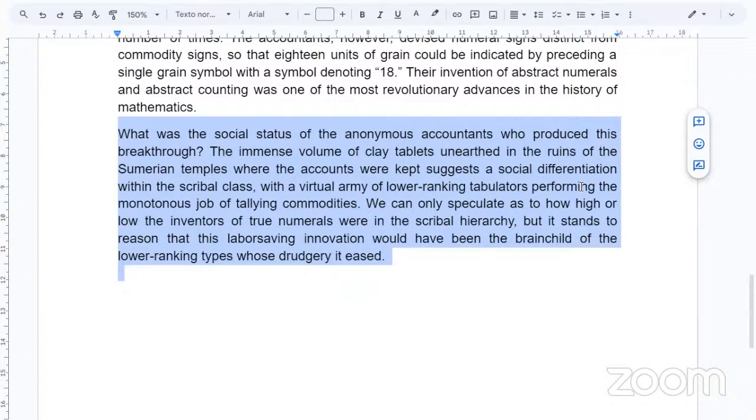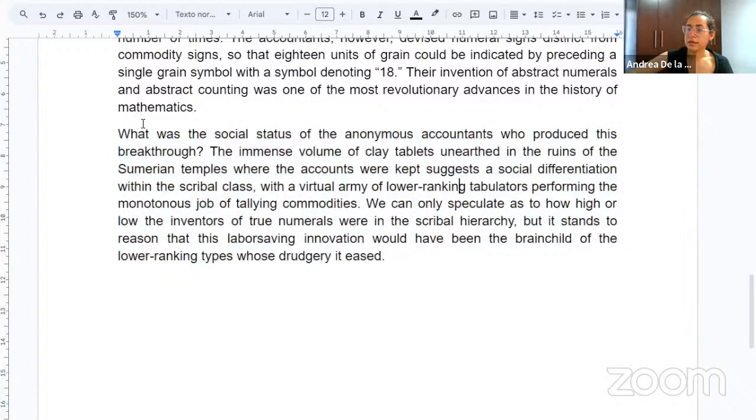I think it is the question, what was the social status? Yes, exactly.